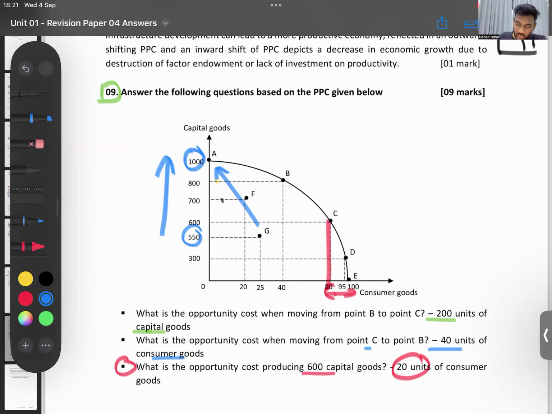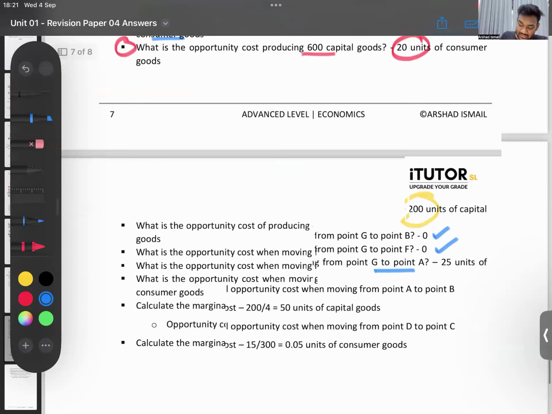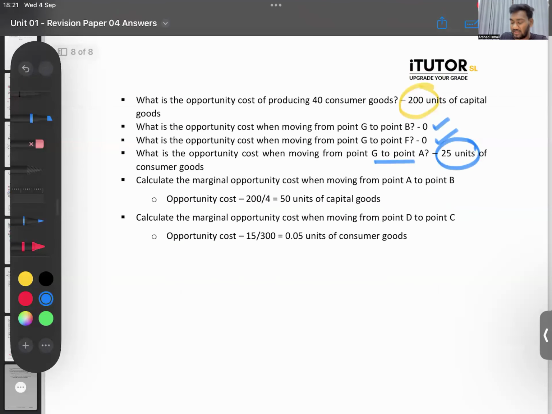Now, G to F, you can, no. You can produce 700 capital goods without sacrificing your consumables. But can you go from G to A without sacrificing your consumables? You can't. If you're going from G to A, you have to sacrifice that 25 consumables. You have to give that up. That's why the answer for that is 25 units of consumer goods.